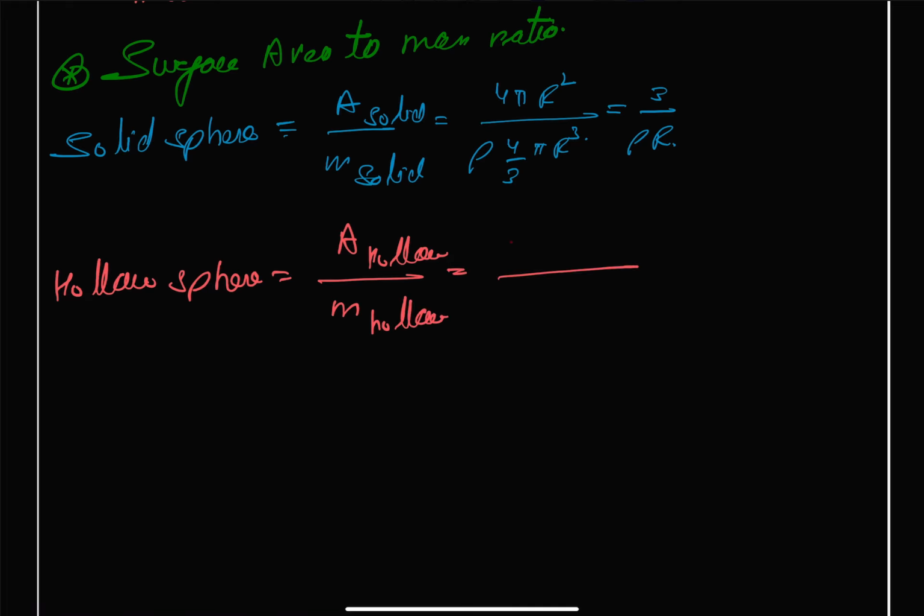Area is same, that is 4 pi r square, and this comes sigma 4 by 3 pi, r cube minus small r cube. This gives us 3 upon rho times r cube minus small r cube.